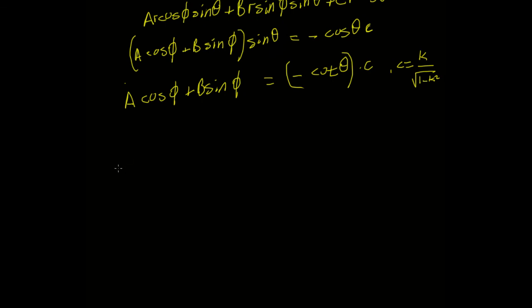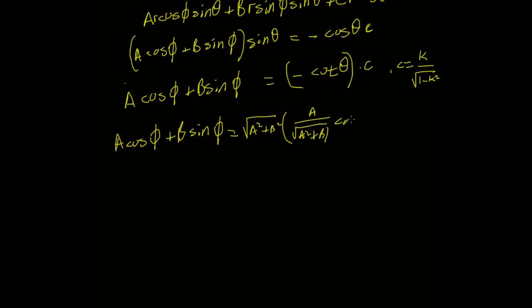We could write a cos phi plus b sin phi as the square root of a squared plus b squared times a upon root of a squared plus b squared cos phi plus b upon root of a squared plus b squared sine of phi.